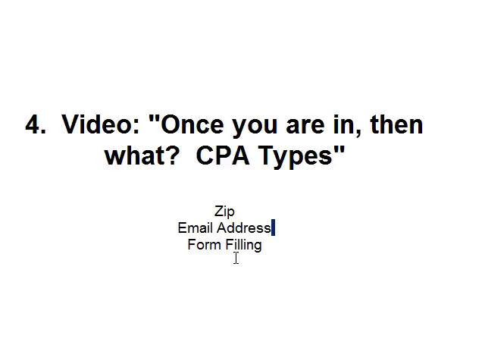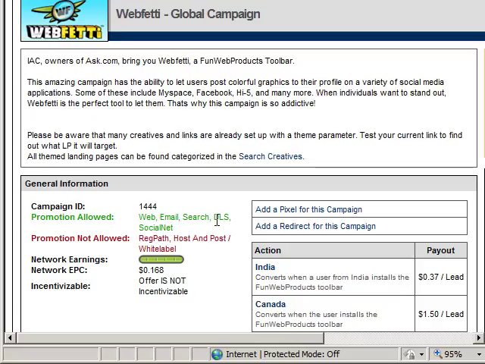Because a lot of people are promoting CPA offers, and if there's a lot of competition, you've got to get creative and figure out what kind of keywords these people are typing in, which is going to be the next video. In video 5, I'm going to talk about keyword research and how to find the keywords that people are perhaps searching on but that have less competition.